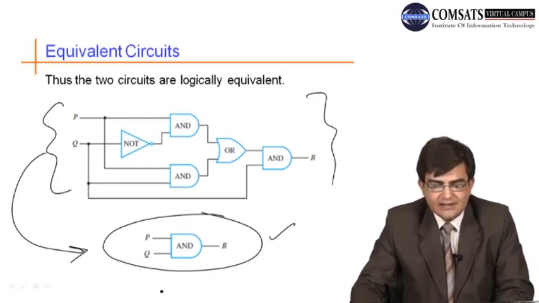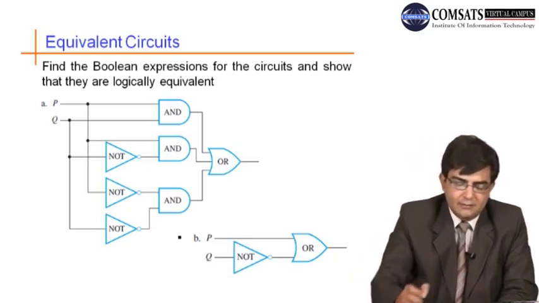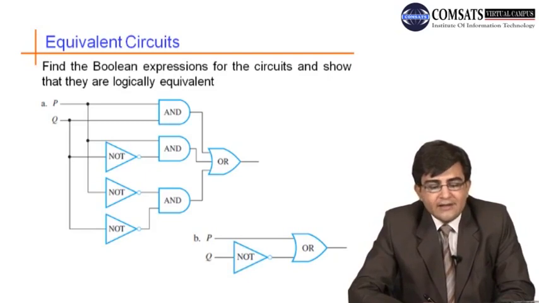Let's consider another example for the reduction of circuits, or equivalent circuits. Here we have another circuit. Find the Boolean expression for the circuits. We have to find the Boolean expression first for the given two circuits A and B, and then show that they are logically equivalent. There are two ways to prove that these two circuits are logically equivalent.